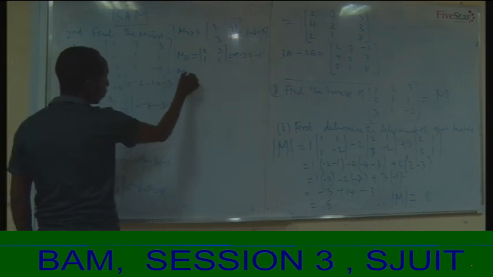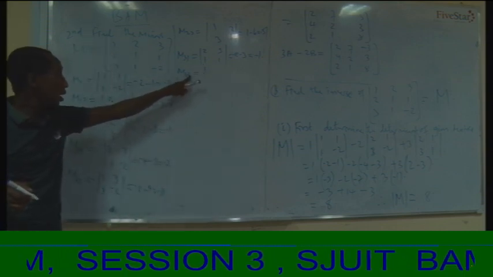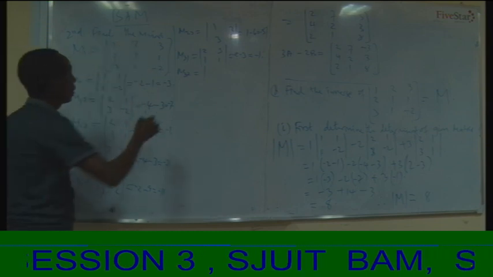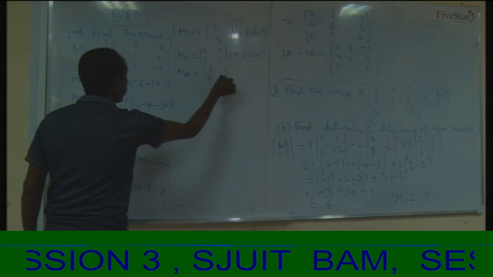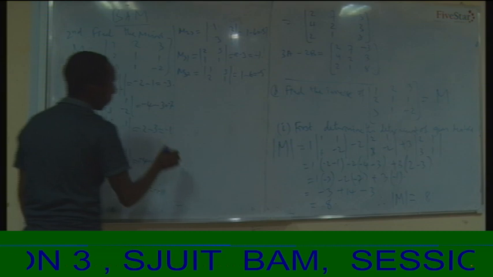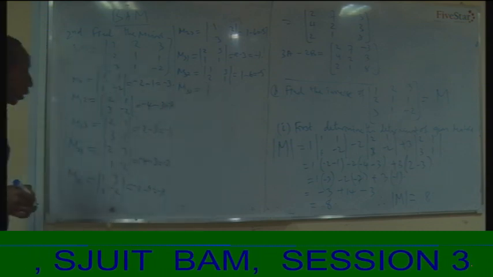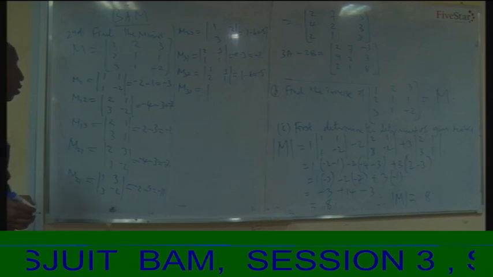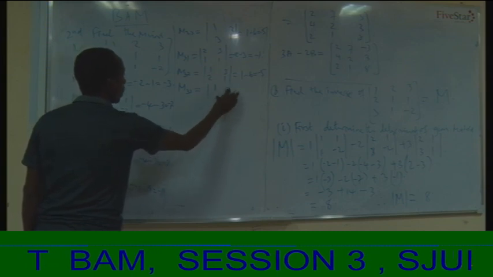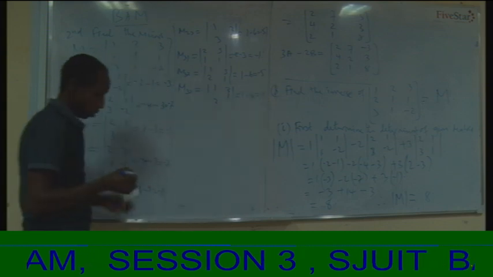Then M32, third row, second column, we'll have 1, 2, 3, 1. This is equal to 1 minus 6, which is equal to negative 5. And lastly, M33, we delete the third row and third column. We are remaining with 1, 2, 2, 1. This is equal to 1 minus 4, which is equal to negative 3.